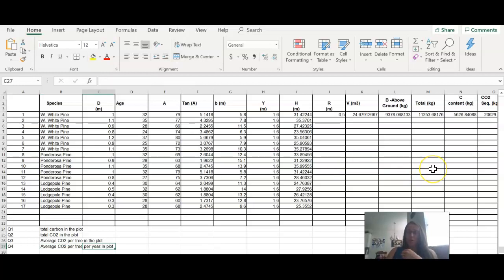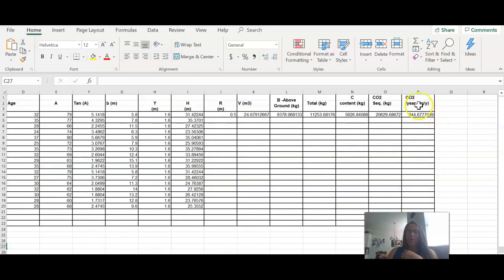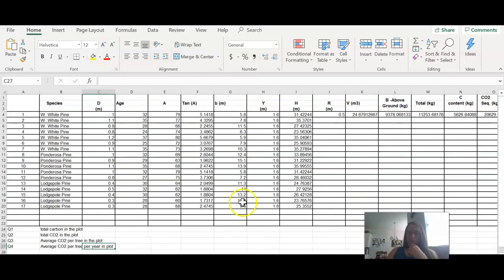We already have a column that says carbon dioxide per year, and each of these values is for that specific tree, so you need an average. What I would do if I were you is sum up all of the values that you obtain for the trees, and then divide that by 17. That will give you the average of the CO2 that is sequestered per tree in the plot per year.